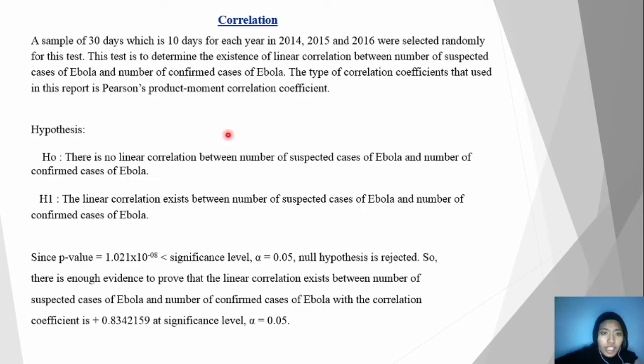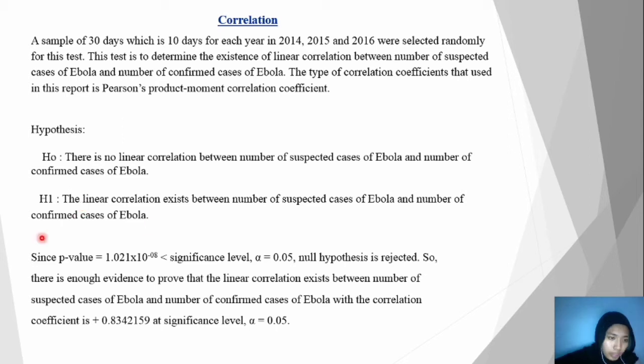Next is the correlation test. For the correlation test, a sample of 30 days was selected, and the null hypothesis is that there is no linear correlation between the number of suspected cases and the number of confirmed cases, while the alternative hypothesis is that a linear correlation exists between them.